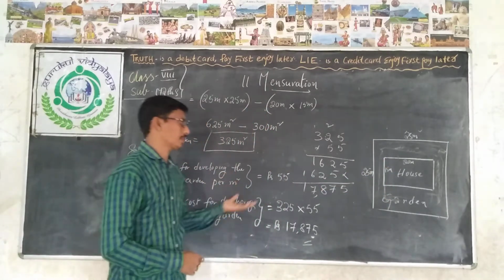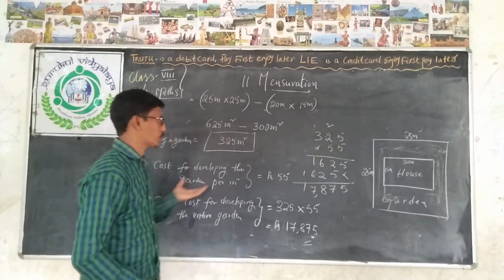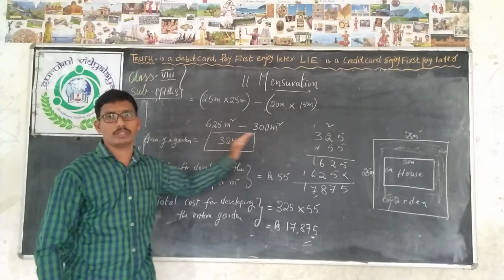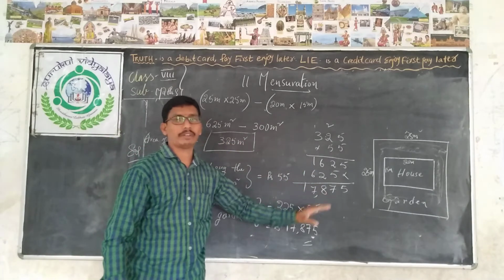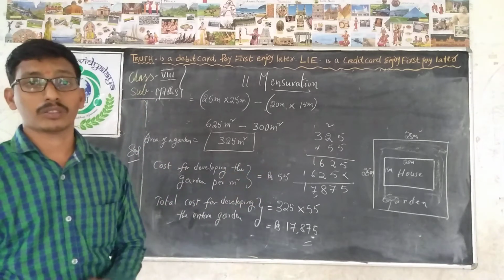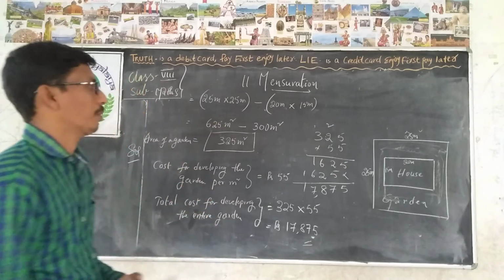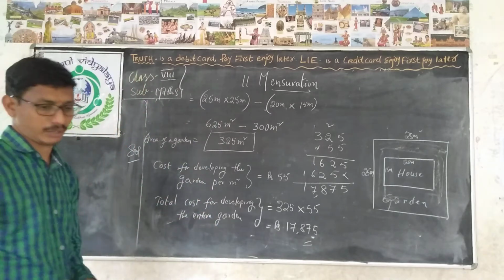The cost per square meter is already given as 55 rupees. The total is 325 square meters, so 325 into 55 is 17,875 rupees. He wants to spend this for developing the total garden. So once again check the problem. If you have any doubts, ask me.